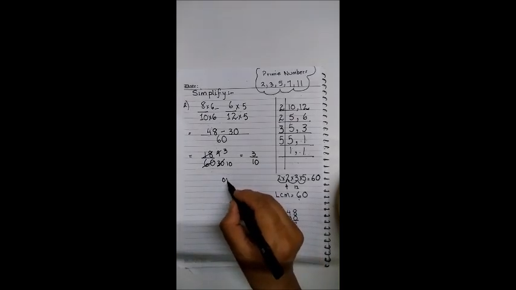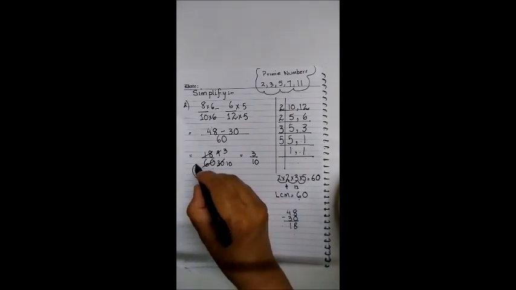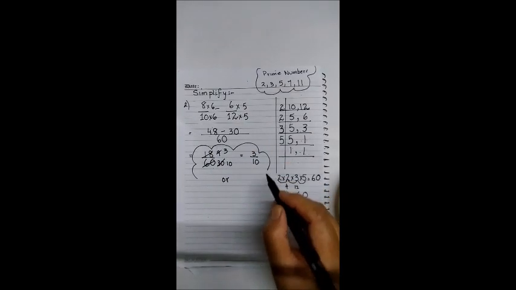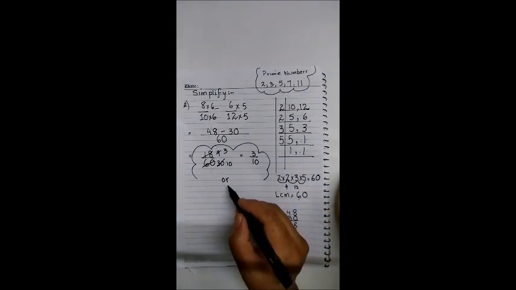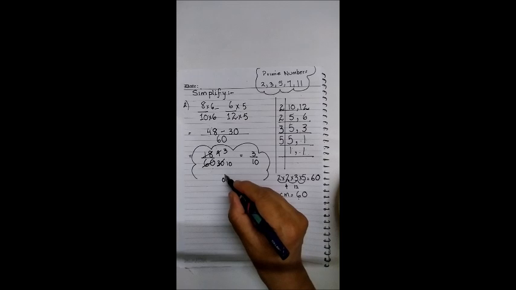Or if I just make this in a bubble, okay? If you do not want this method or you don't want to cancel with the 2 times table, you can take a bigger number. I am giving you an option. Both the methods will be right. I took the 2 times table to cancel my number.